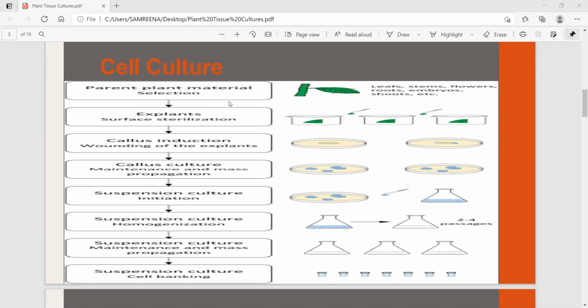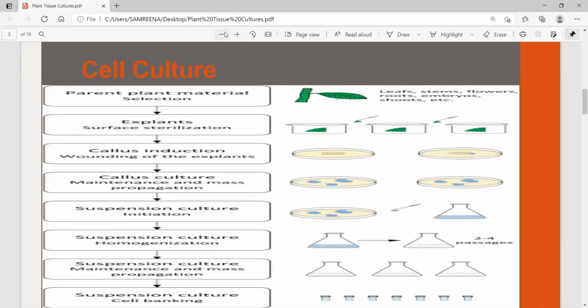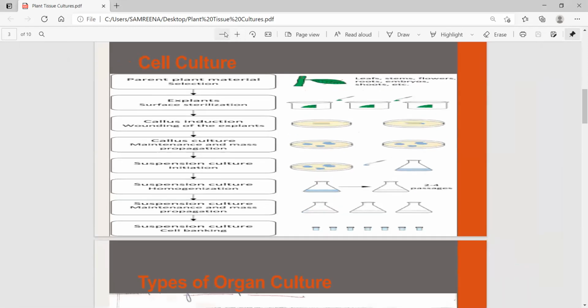So here, we are taking the parental plant. We can take the leaf, stem, roots, shoots, any part of the plant. Then we have to go for surface sterilization of our explant. After surface sterilization is done, we excise the explant into small minute explants.